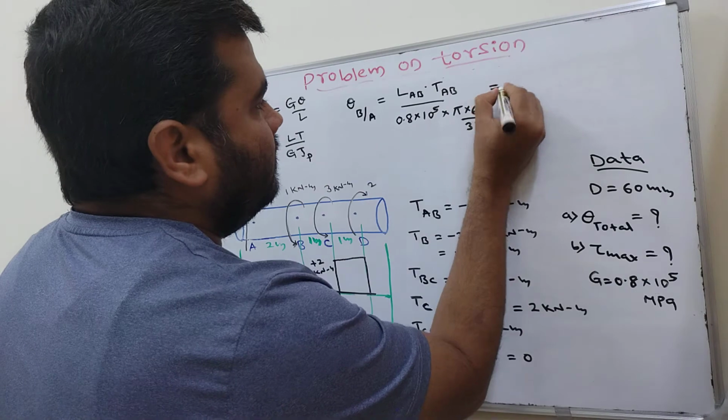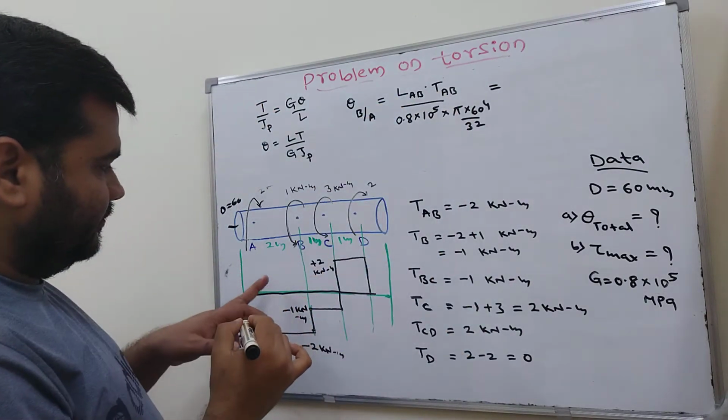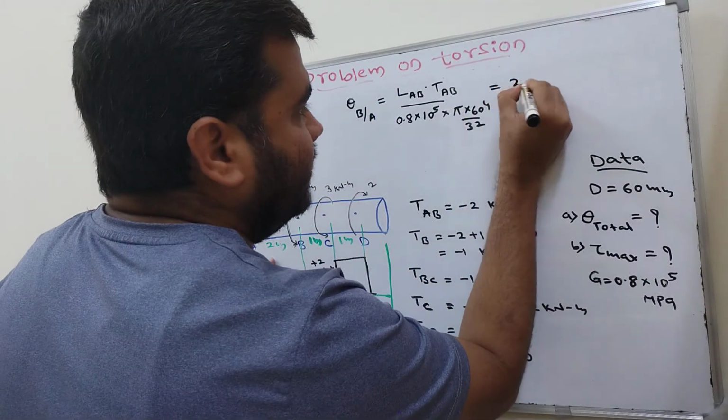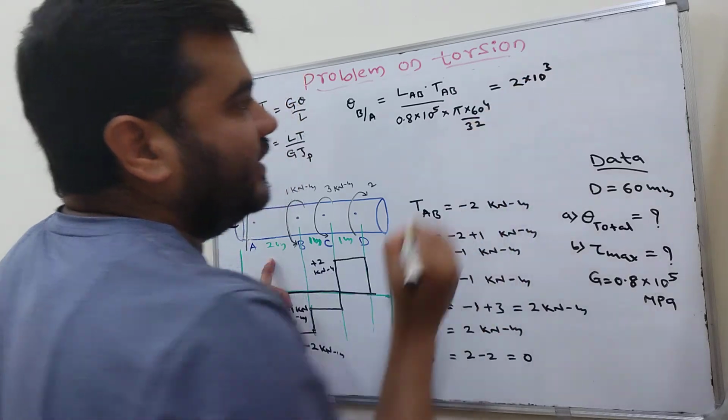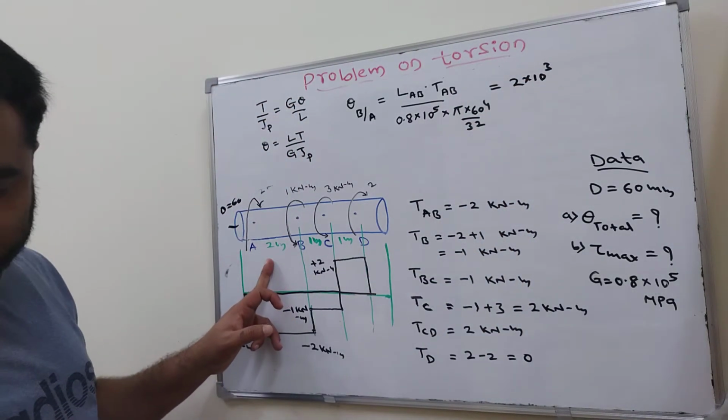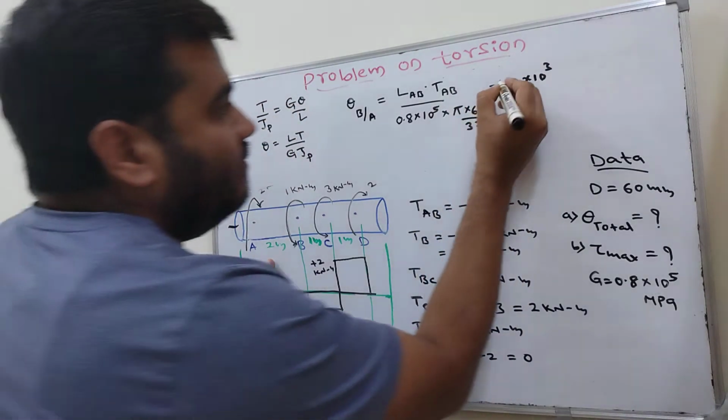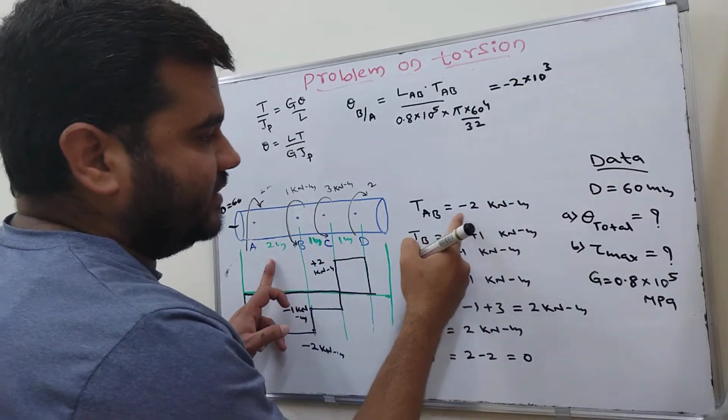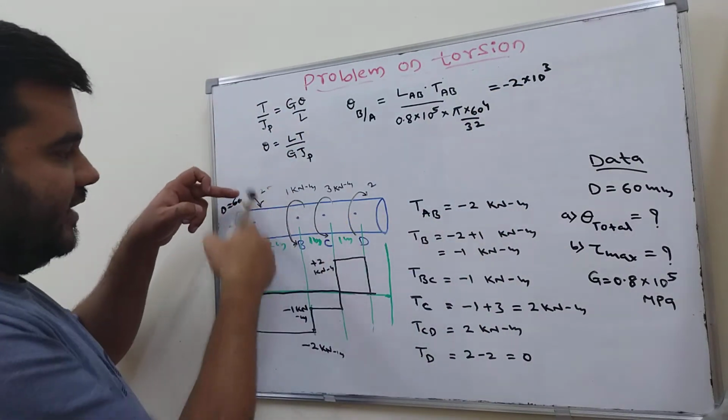So this will be equal to, length of AB is how much? 2 meter, that is 2 into 10 raised to 3, converted into millimeters. Torque is minus because this is anticlockwise, right?